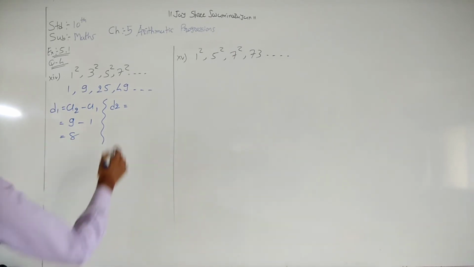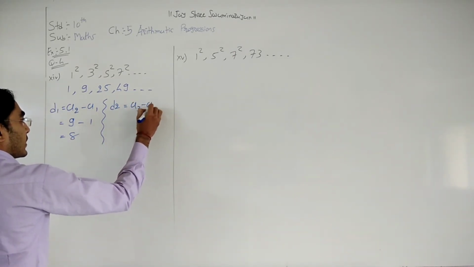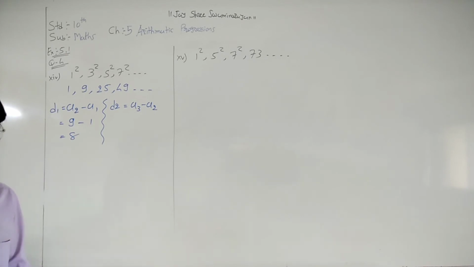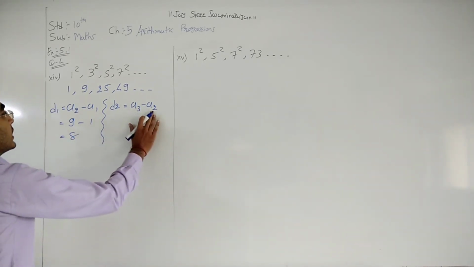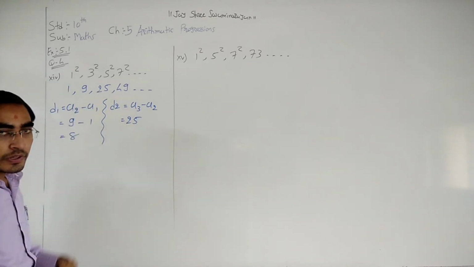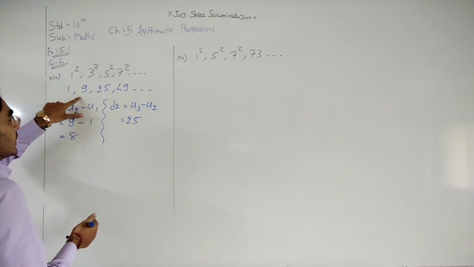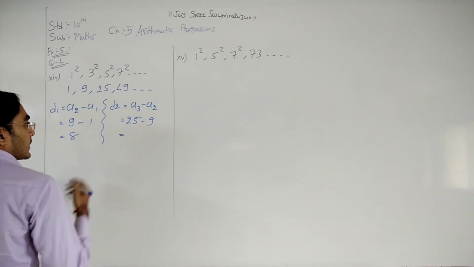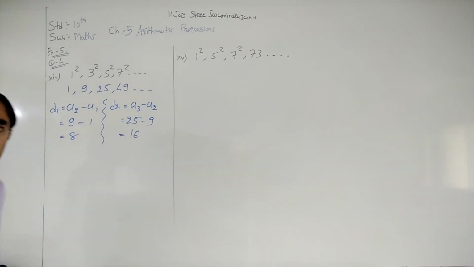Third term minus second term. Okay, a3 minus a2. We can take a difference between any two consecutive terms. Here our a3 is 25 minus a2, it is 9. So 25 minus 9, it's 16, right?